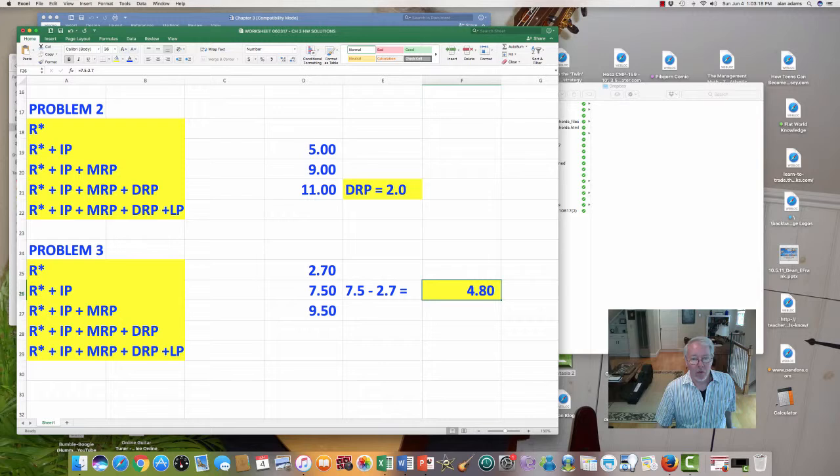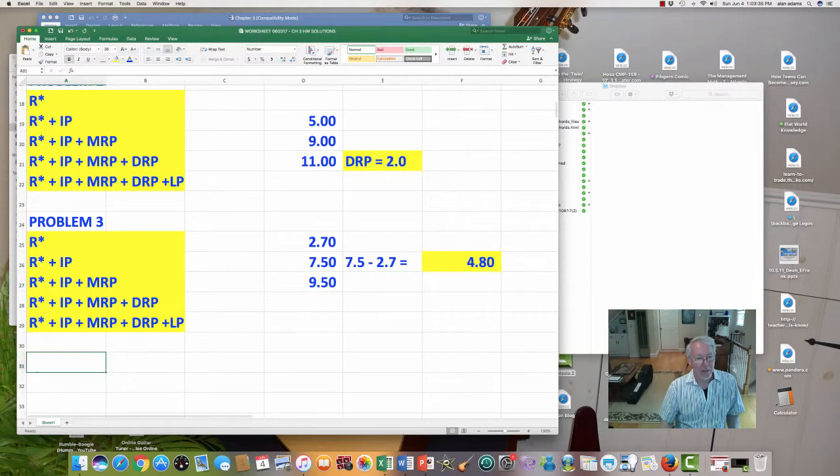So my real risk-free rate is 2.7%. My inflation premium is 4.8, giving me a total of 7.5 for a T-bill. If I add the MRP, another 2%, I would get 9.5. So again, when you solve these, sometimes you're adding, sometimes you are deducting.